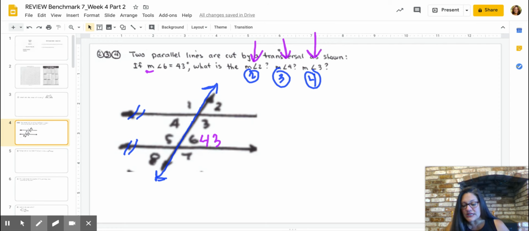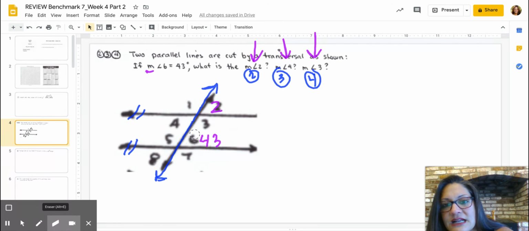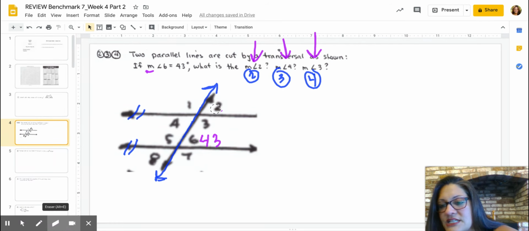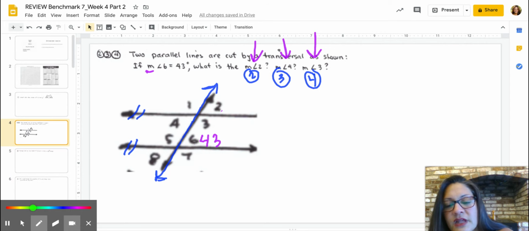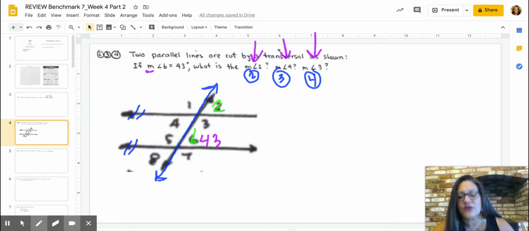When we're looking at angle 2, here is 6 and here is 2. Oh, that makes it confusing with that color. Let's change it here. With angle 6 and angle 2, these are called corresponding angles.